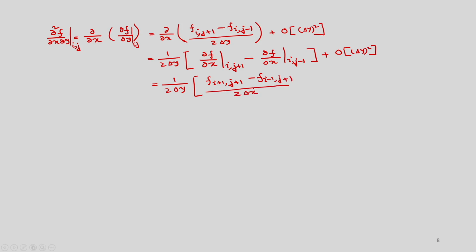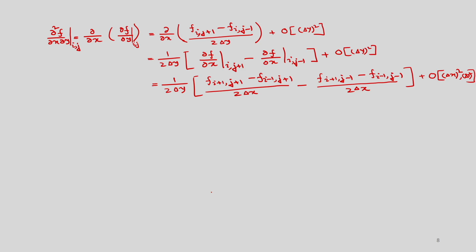This is the central difference, and obviously the order of accuracy is Δx squared. Similarly, ∂f/∂x at (i, j−1) will be [f(i+1, j−1) − f(i−1, j−1)] divided by 2Δx. This is also central difference of the first derivative about the point (i, j−1), and both have order of accuracy Δx squared. So, overall accuracy is Δx squared, Δy squared.